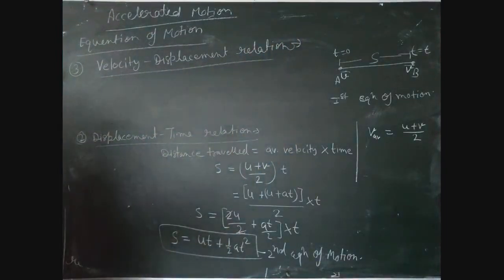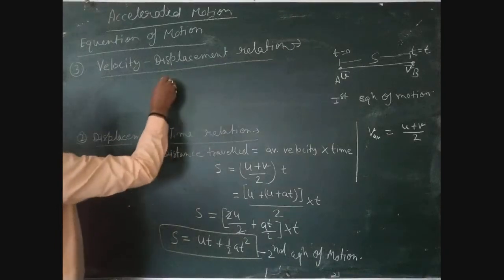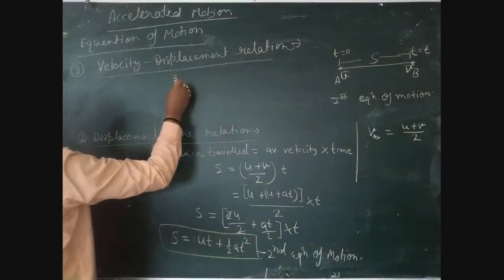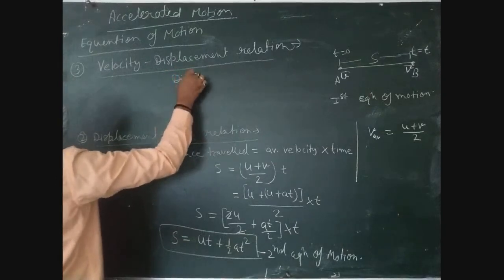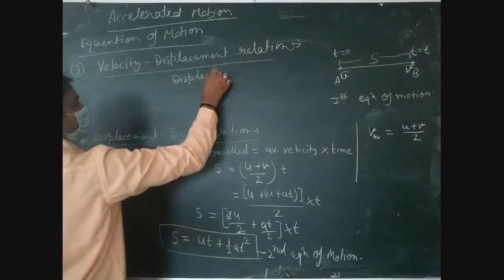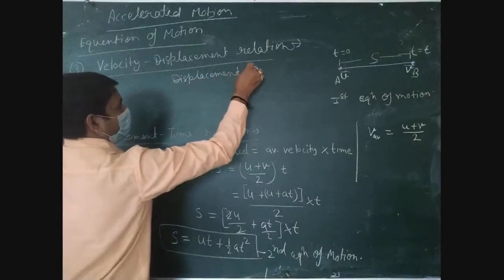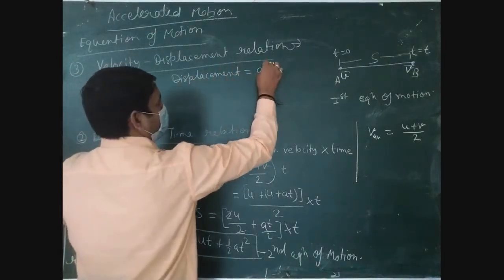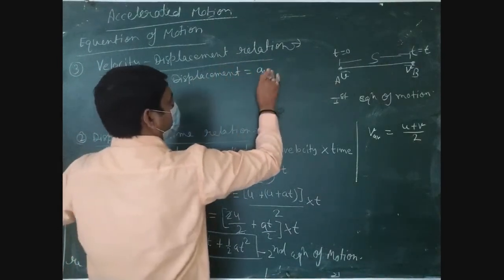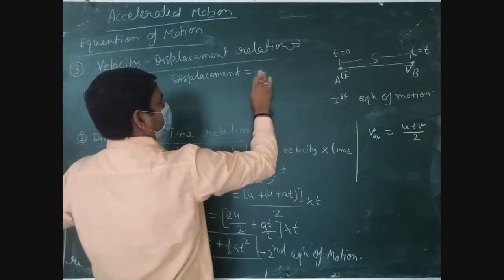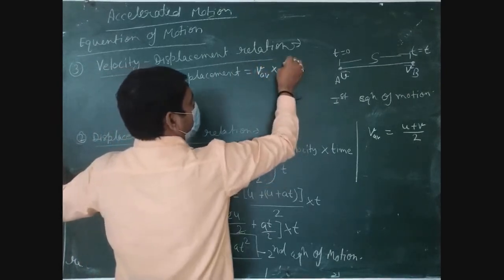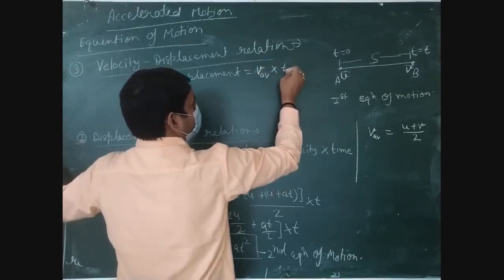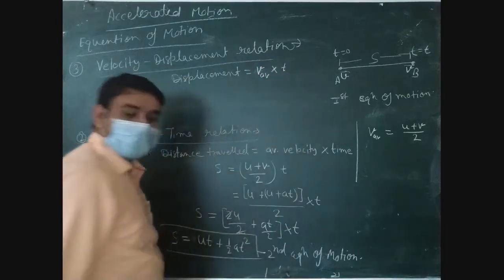For this, distance or displacement is equal to average velocity into taken time.